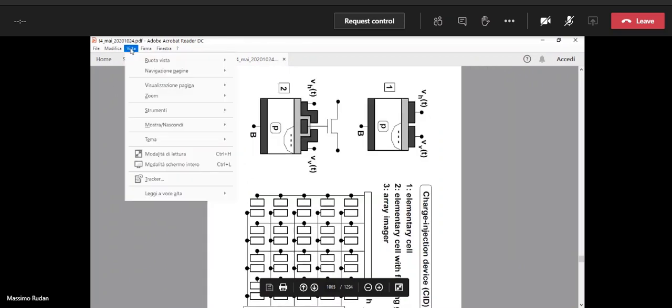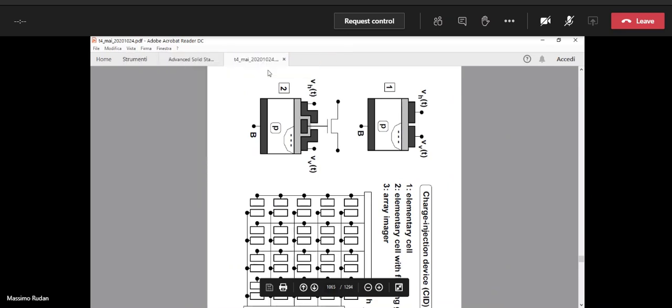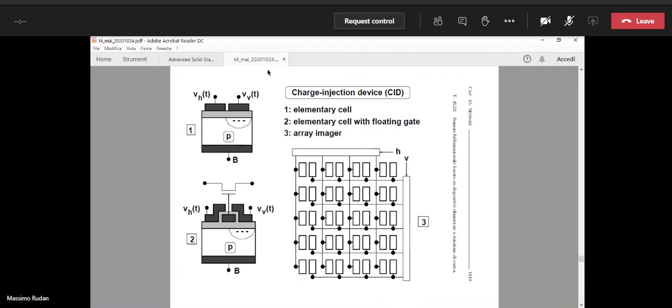And now we examine another type of charge transfer device. Charge transfer device of this type is called CID, charge injection device.